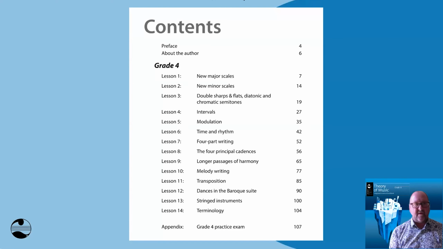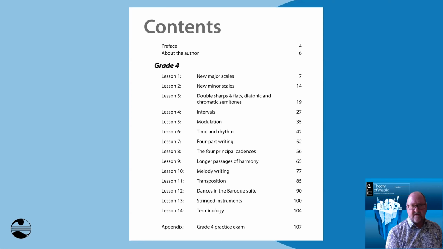And so we begin with the new major and minor scales, then a lesson on double sharps and double flats, diatonic and chromatic semitones, and a bit more on the technical names of notes in the scale.